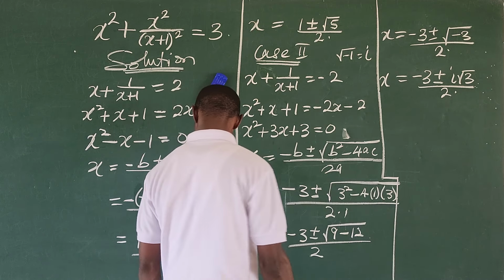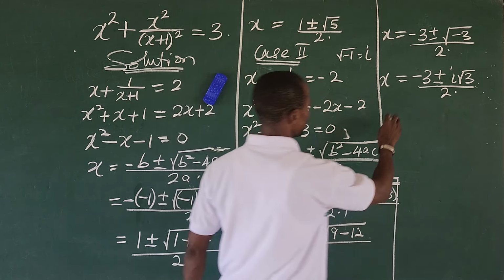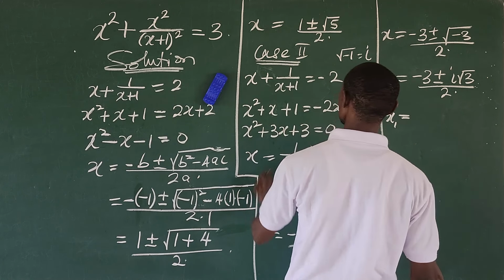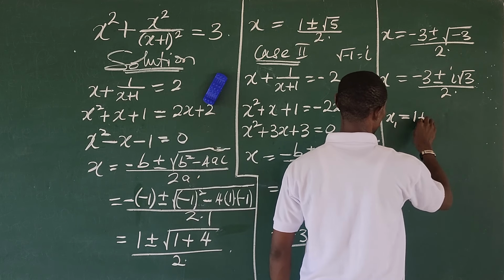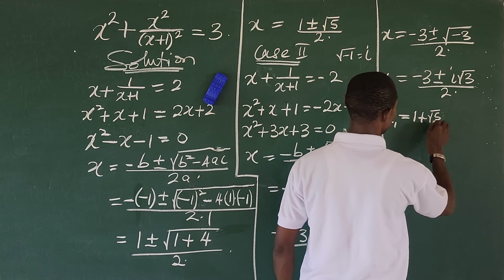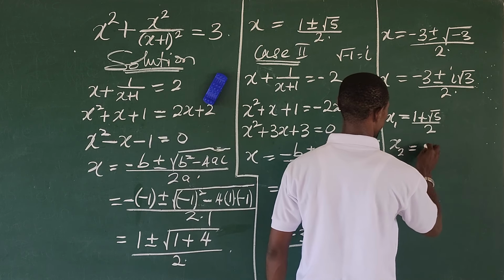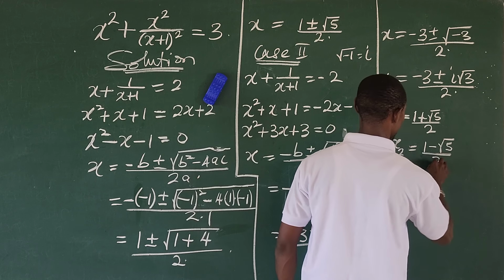So in all, we can go ahead to bring out the values of x that satisfy this equation. So we have our x1 equal to 1 plus the square root of 5 all over 2. Now x2, we have 1 minus the square root of 5 all over 2.